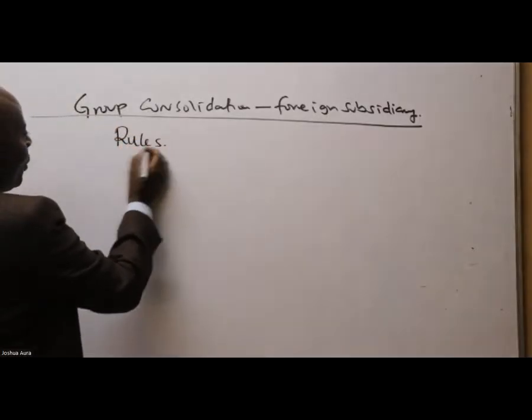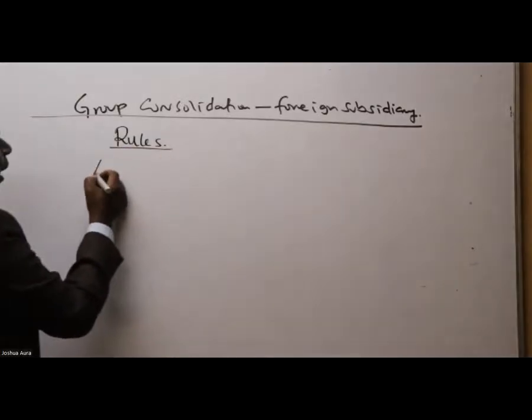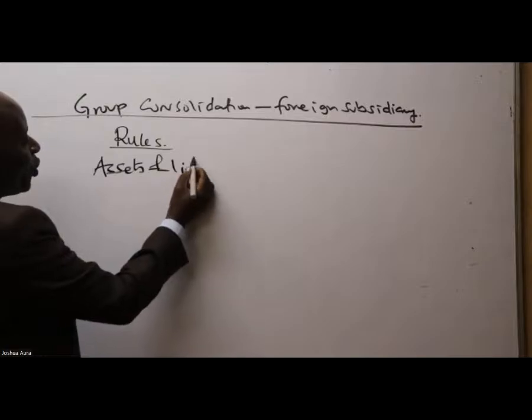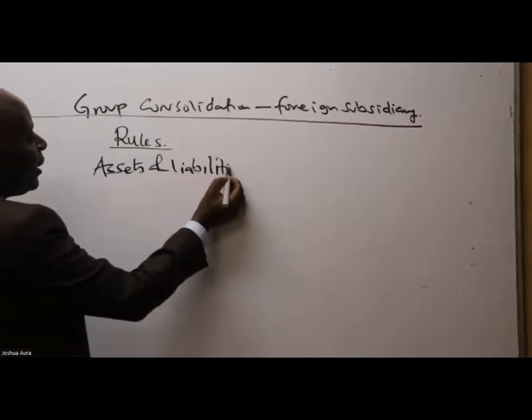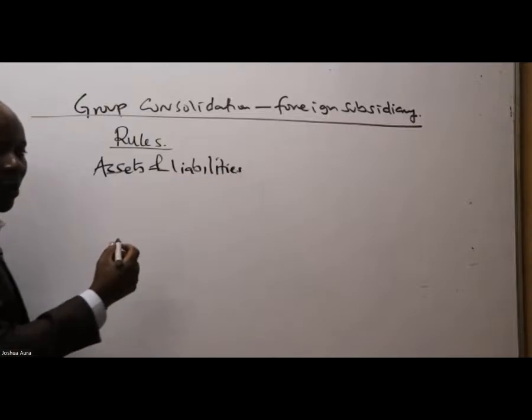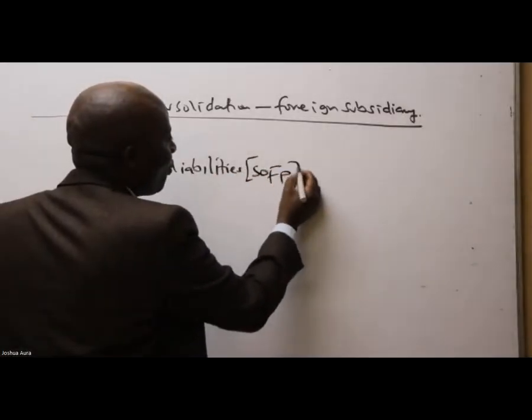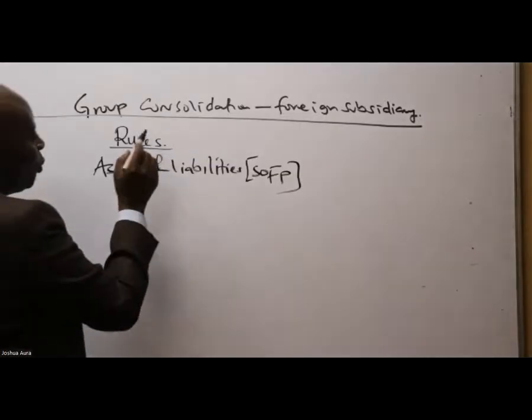The basic rules: assets and liabilities. Where are these found? These are found in the statement of financial position. Remember, these are rules of translation.